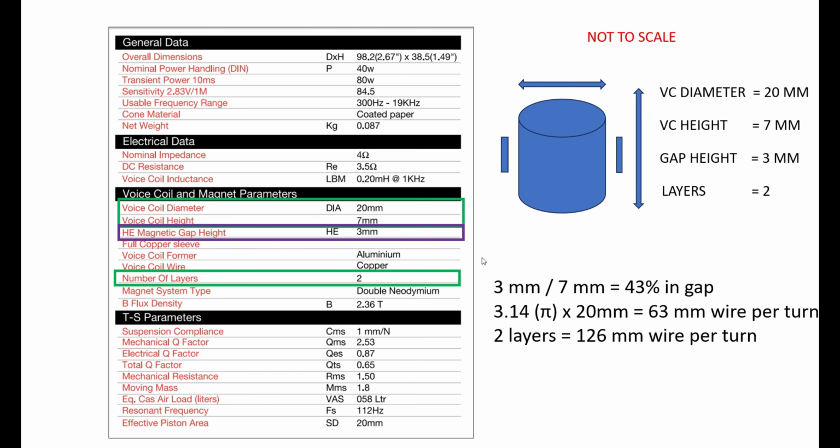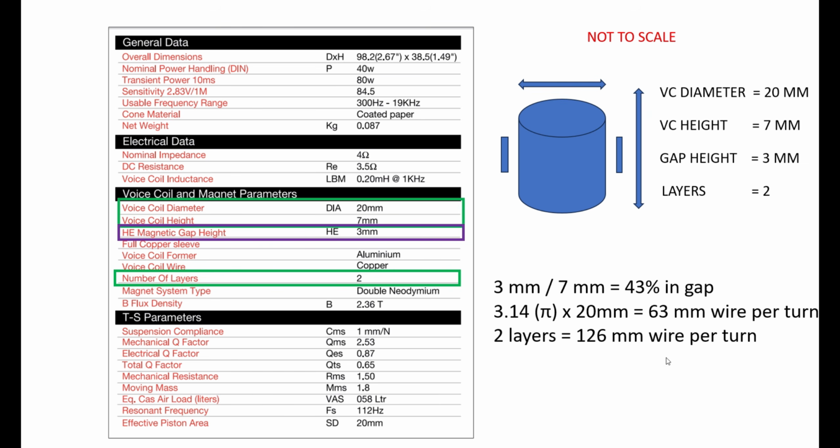That's the size of the gap, 3 mil, versus a 7 mil tall voice coil, so 3 divided by 7 gives you 43%. That means 43% of the voice coil can be in the magnetic gap where it can be influenced strongly at any particular point in time. That's an interesting measure to have.